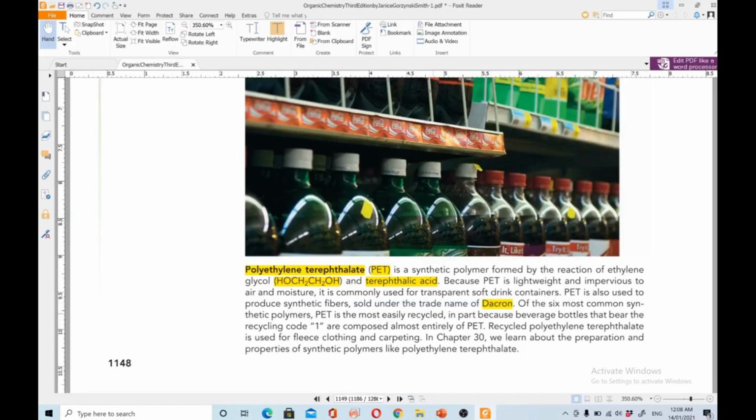Of the 6 most common synthetic polymers, PET is most easily recycled, in part because beverage bottles that bear recycling code 1 are composed almost entirely of PET. Recycled polyethylene terephthalate is used for fleece clothing and carpeting. In chapter 30, we learn about the preparation and properties of synthetic polymers like polyethylene terephthalate.